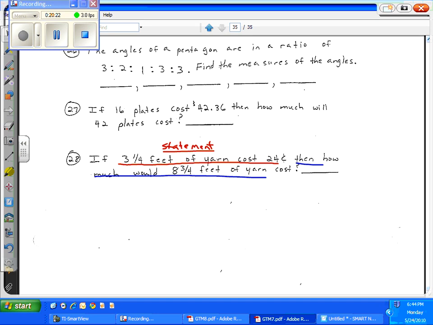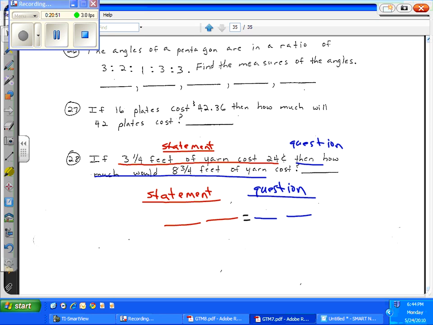That's a question ratio. So we have two comparisons of feet of yarn to money. Two comparisons of the same two items is a proportion. In a proportion, there has to be one that you know both of. We can call that the statement, the given. And then there's one you don't know both of, which would be the question.